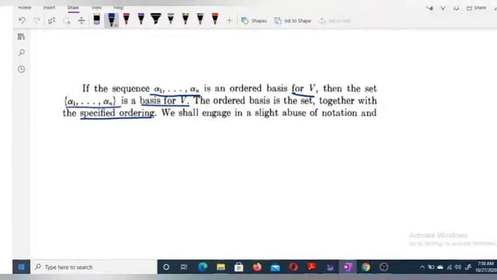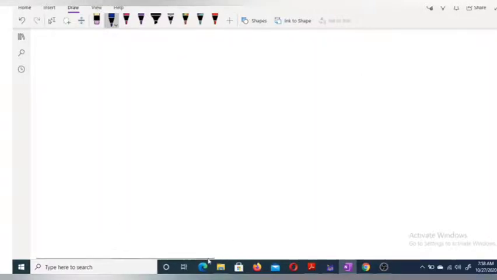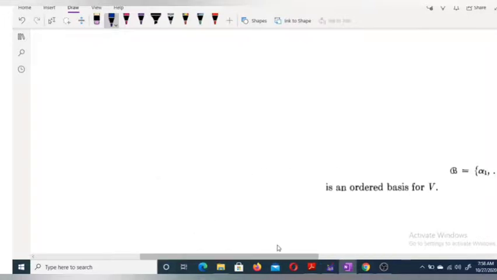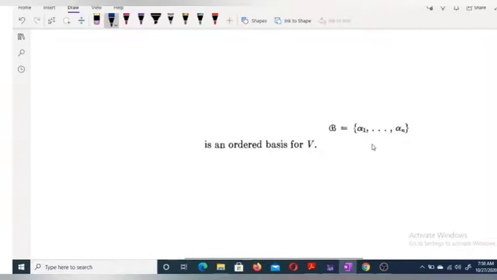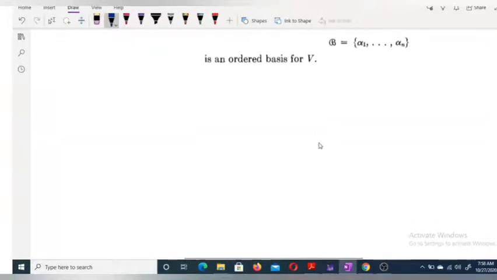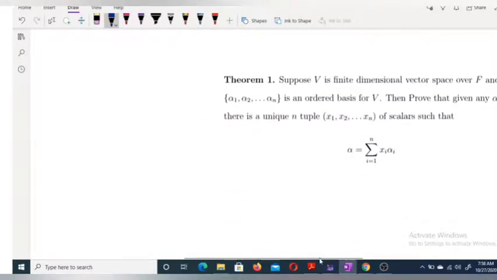And we can denote it like this: an ordered basis B equal to alpha 1, alpha 2, etc., alpha n.